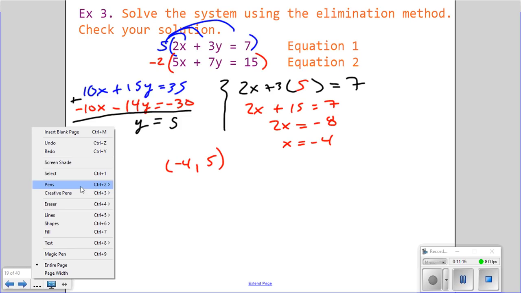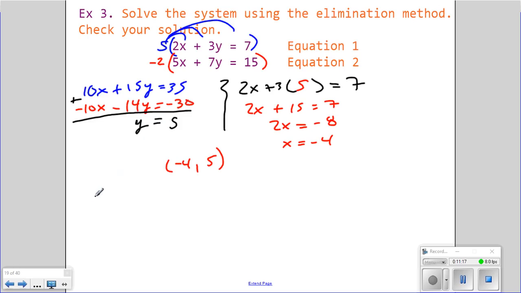Check your work. You never have to ask Miss Perry if you got it right. You simply plug the solution back in to your equation and check your own work. So it works in equation 1.